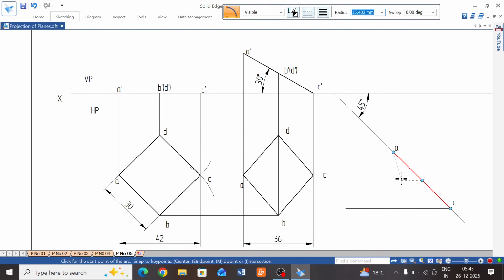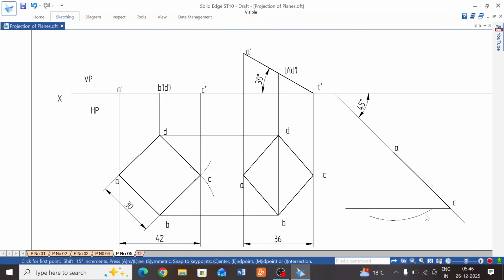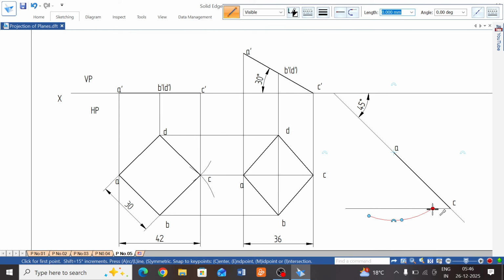A is the center, 36 mm or 3.6 centimeter. Draw an arc. You will get intersection and join that line by thin line from here to here, and X, that is using scale, give that extension.